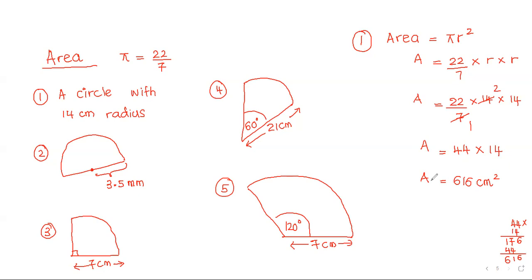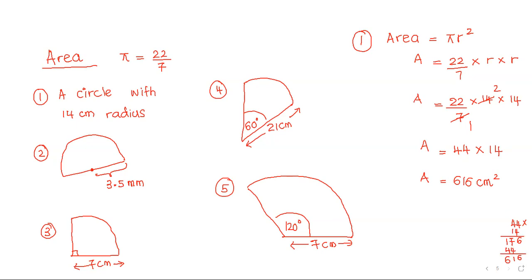And I did my calculation, you can see that on the right side down here. 44 multiplied by 14. We'll see whether it is correct. 4 times 4, 16, 1 remainder. 4 times 4, 16, and that 1, it is 17. 1 times 4, 4. 1 times 4, 4.